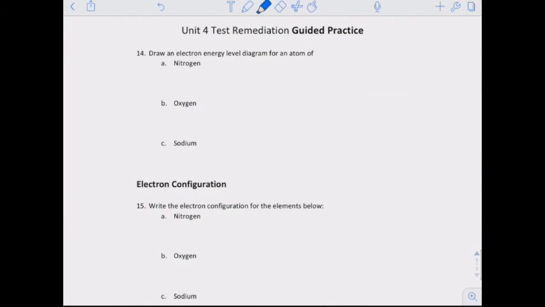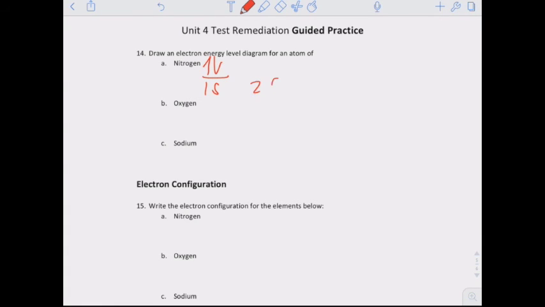Looking at 14, it says draw an electron energy diagram for an atom of nitrogen. So when we're looking at the electron energy diagram, we're following the Aufbau rule. Nitrogen is going to have 7 electrons, so we will follow 7. So 1s is our first, and it has 1 suborbital, so therefore it holds 2.